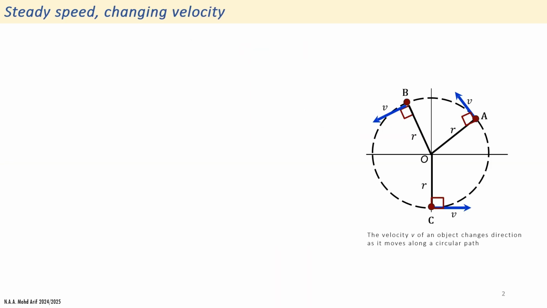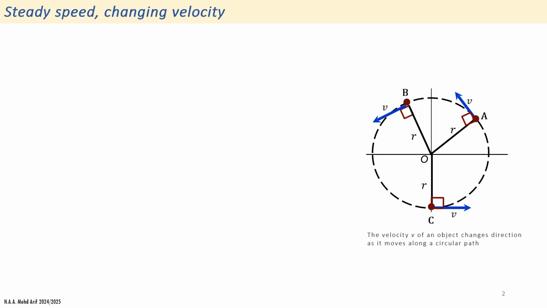Now we will discuss speed. Consider this figure. The arrows are straight and show the direction of motion at a particular instant at A, B, and C. They are drawn as tangents to the circular path.